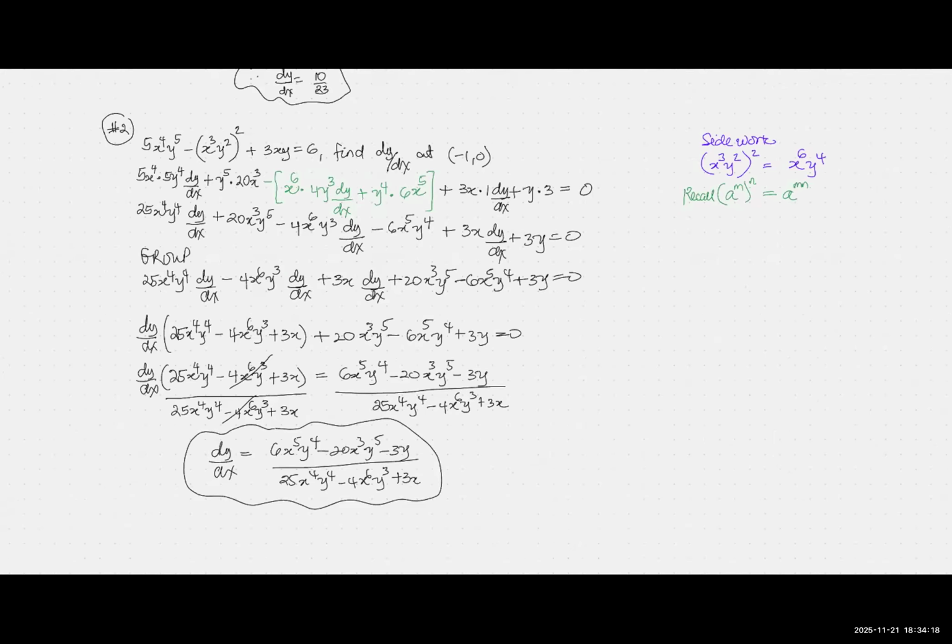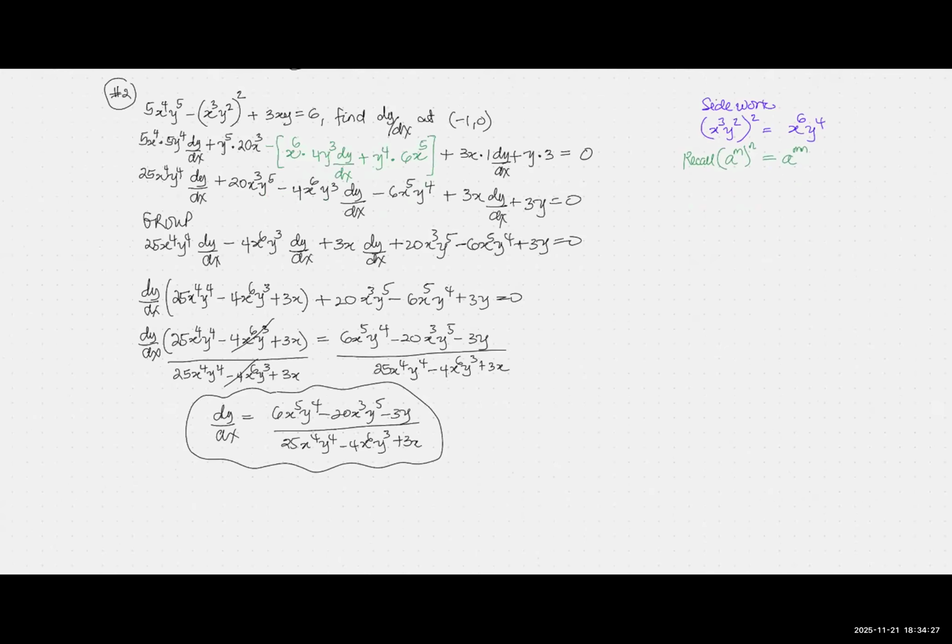All right, let me do the second part. I'm just seeing that it's negative 1, comma 0. So when x is equal to negative 1, y is equal to 0.